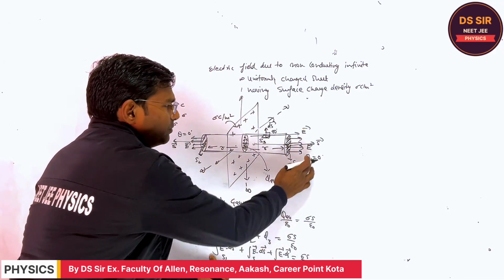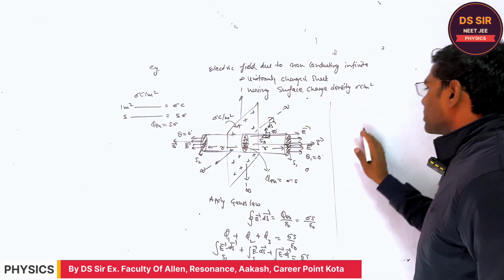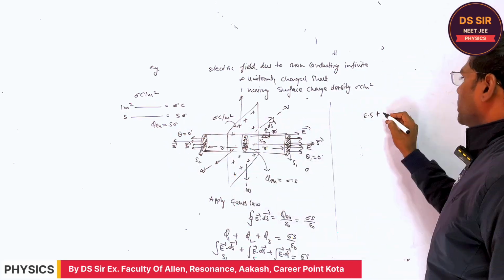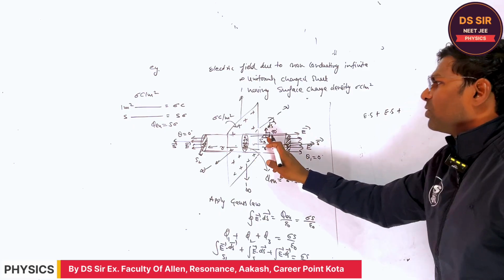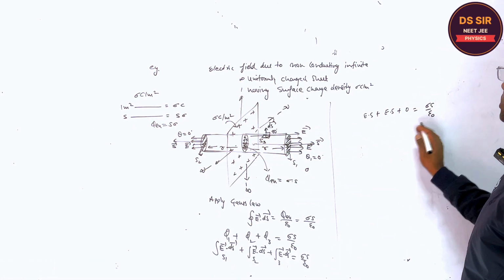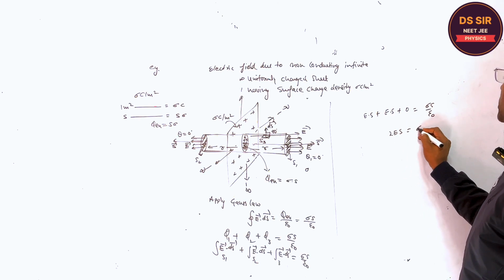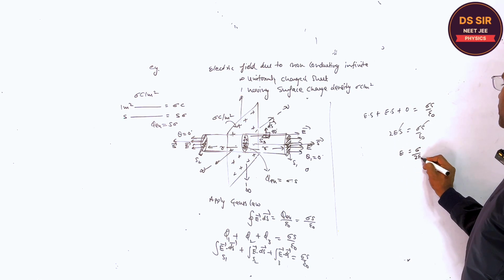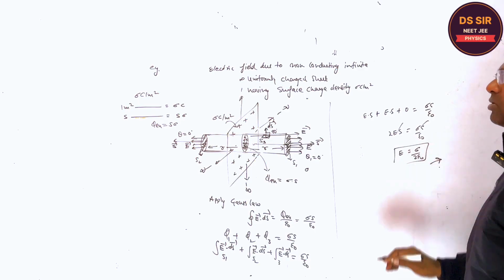For this surface, what is the electric flux? Say E into S. For this surface, E dot S. For this surface, 0. Sigma S upon epsilon naught. 2ES equals sigma S upon epsilon naught. S and S will cancel out. Electric field is sigma upon 2 epsilon naught. Right?